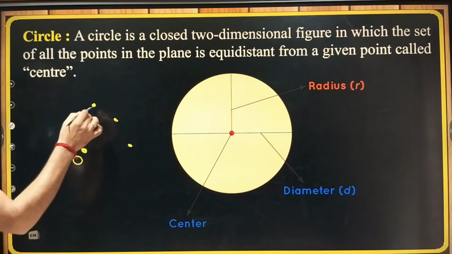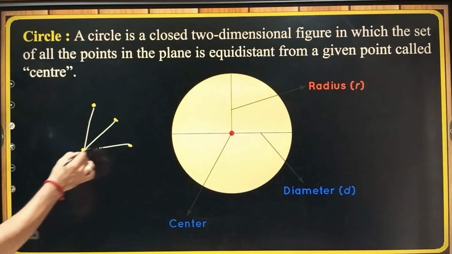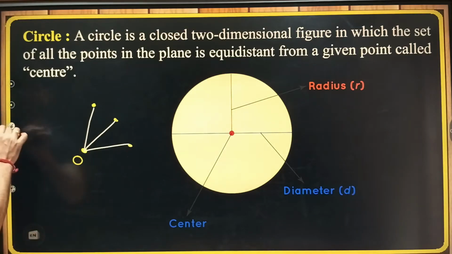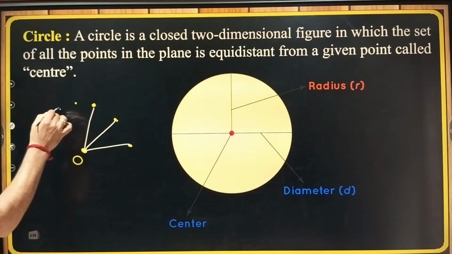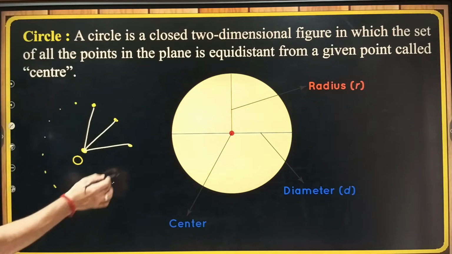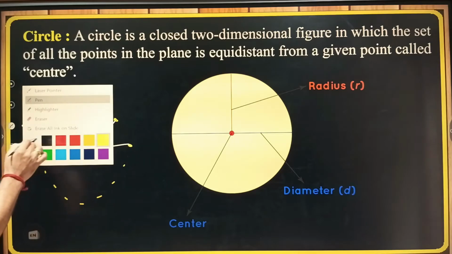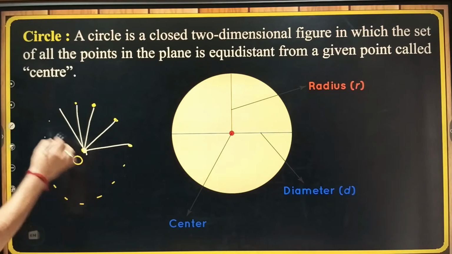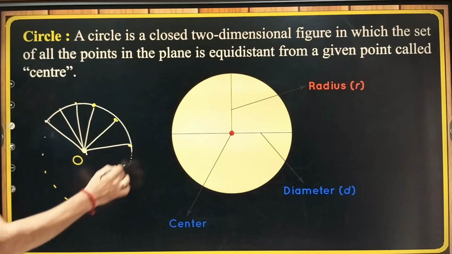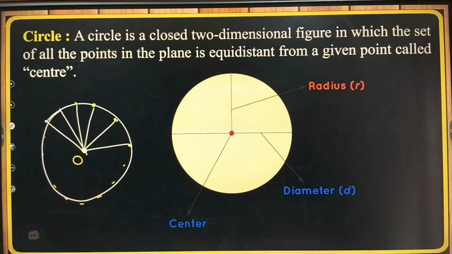These points have a common distance. Similarly, if you consider somewhere here, there are many points at a common distance. Correct? So if you join the points at common distance, you can draw a circle. I hope it's clear.